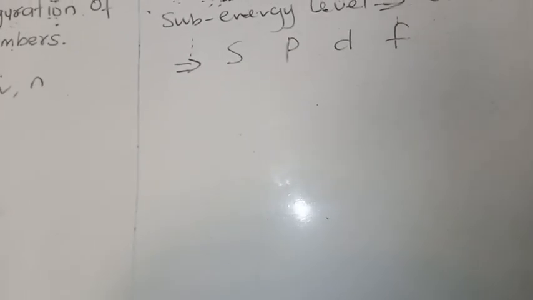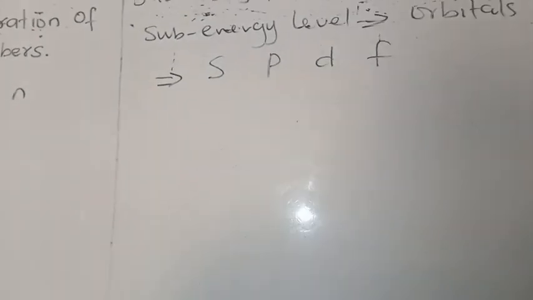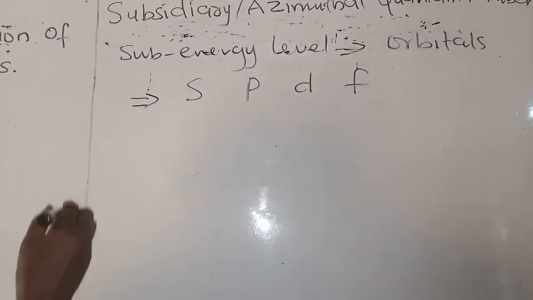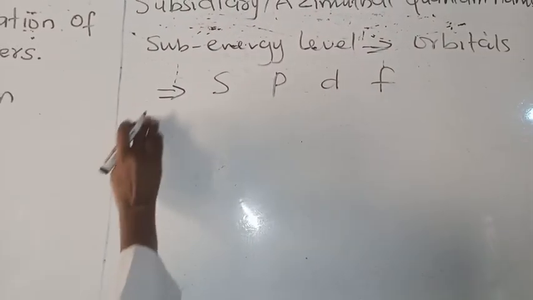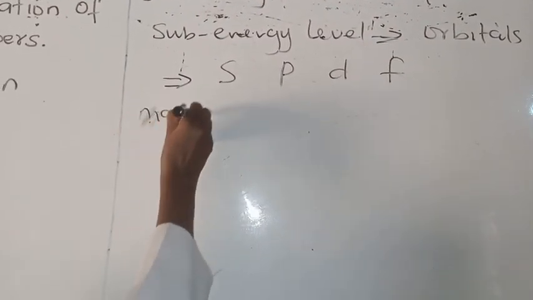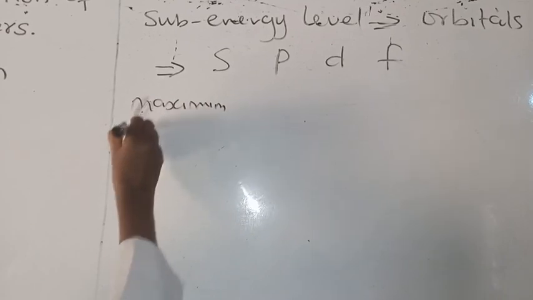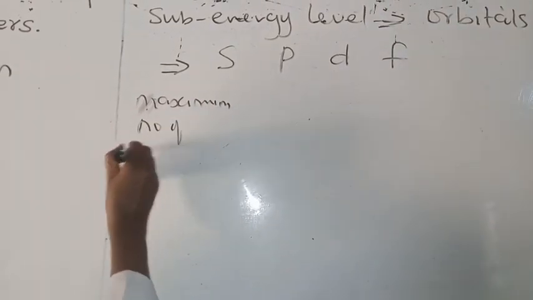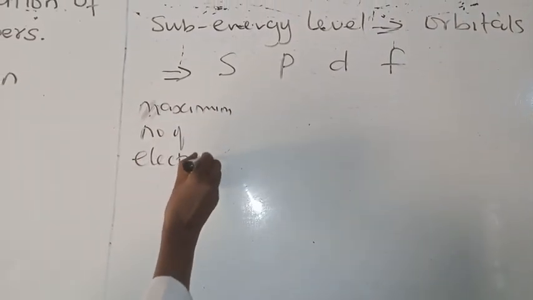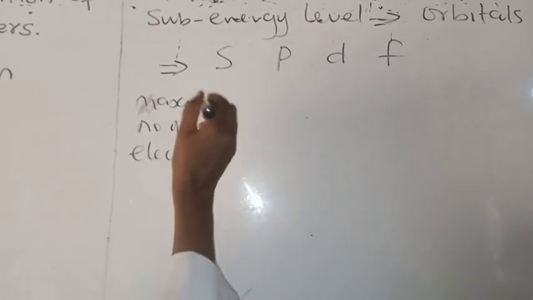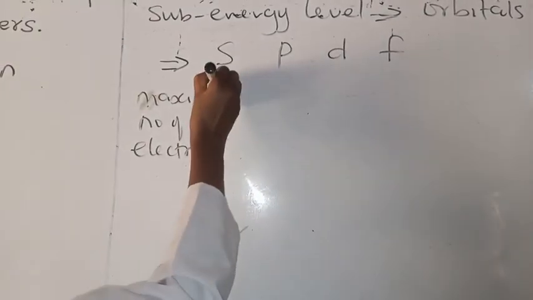Now this subsidiary quantum number says that the maximum number of electrons for each orbital is 2 for s orbital.